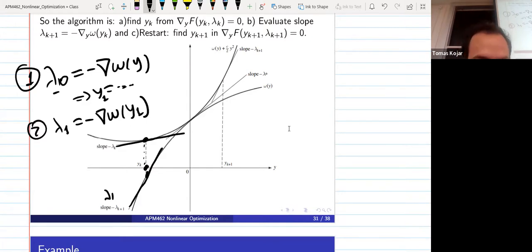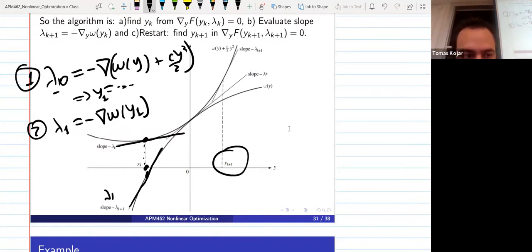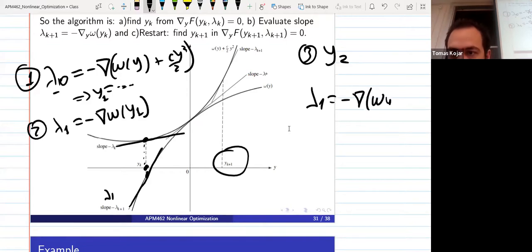Oh, I have to change a little bit. This should be plus c y squared over 2. Then to find y2, step 3, you solve the following: lambda 1 equal to minus gradient of omega of y plus c y squared over 2.